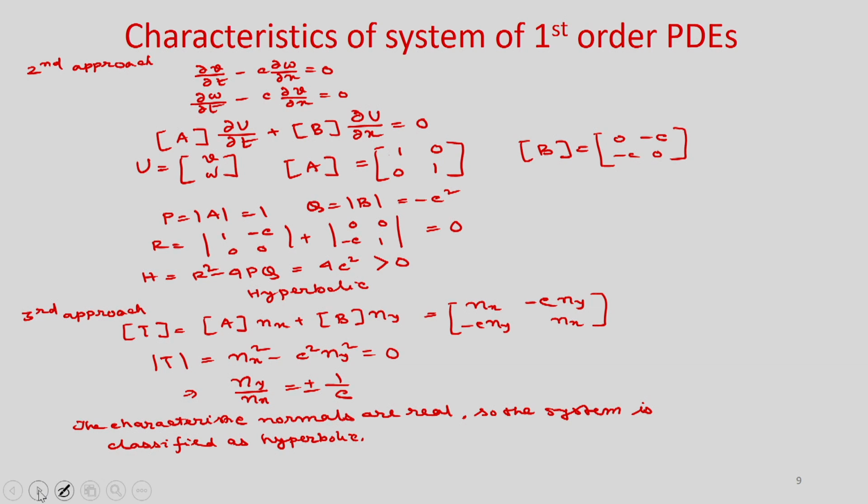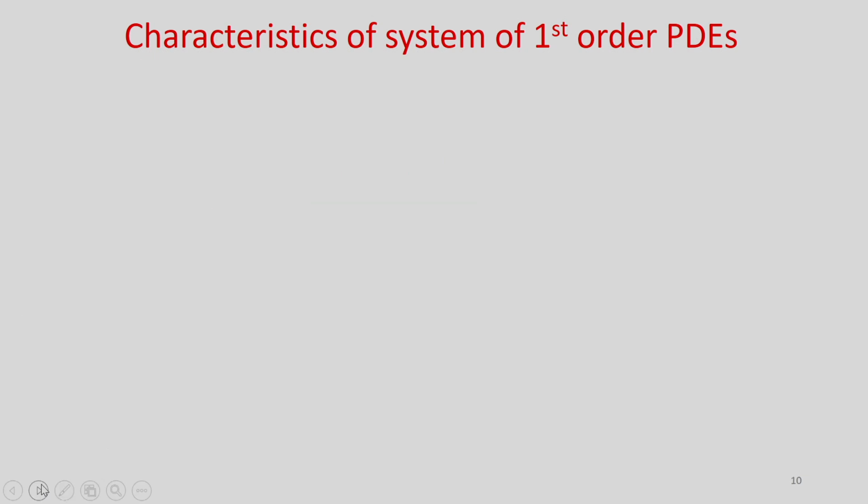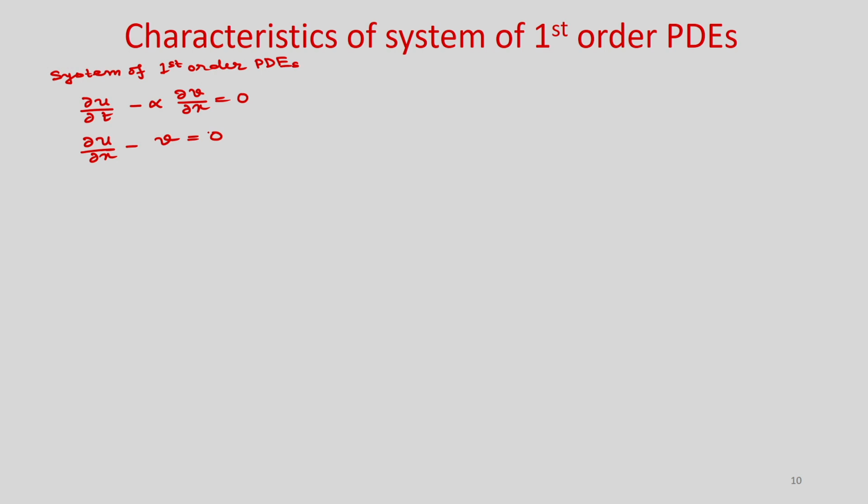Okay. So, next we will consider another set of PDEs. So, we will write this system of PDEs like del u by del t minus alpha del v by del x is equal to 0 and del u by del x minus v is equal to 0.